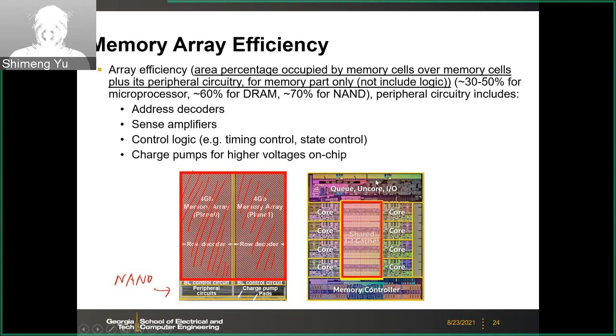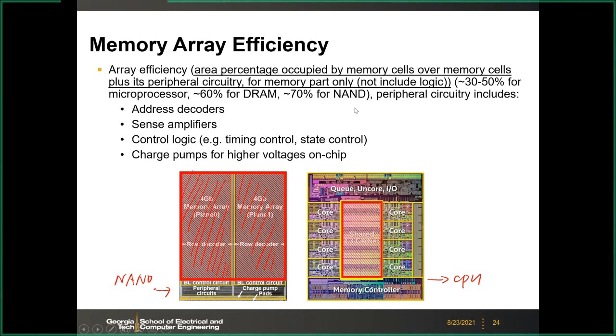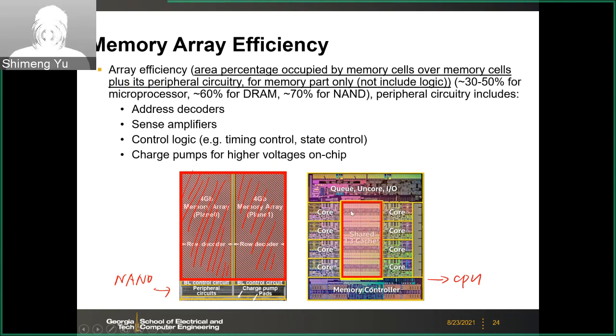And then for the processor, on the right-hand side, we have a CPU. In the processor, this part is the L3 cache. When we talk about the array efficiency for the L3 cache, it's not this red box divided by the total chip area. We are talking about this L3 cache. Within the L3, you see there are some different colors here.